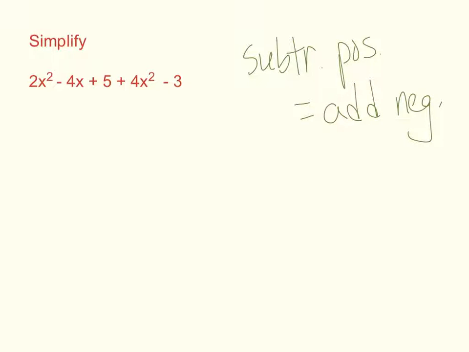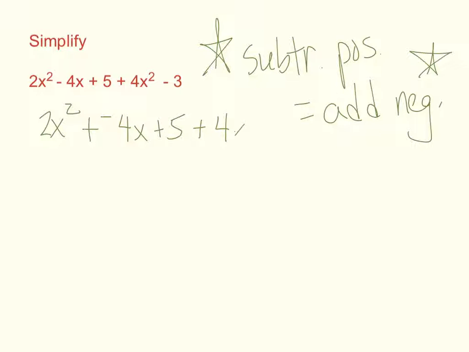That's going to help you out, because then you can rewrite this problem as 2x squared plus negative 4x plus 5 plus 4x squared plus negative 3. And that way you can move things around, and you don't have to worry about the negatives so much.